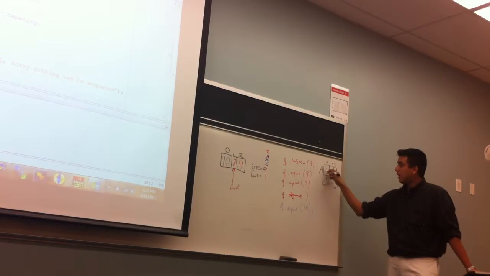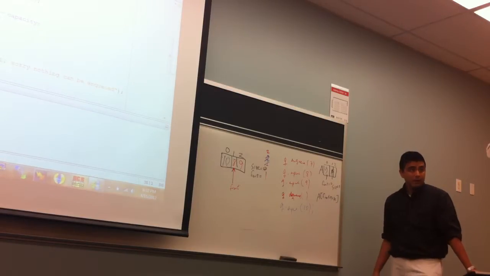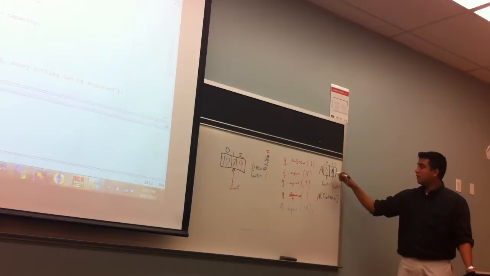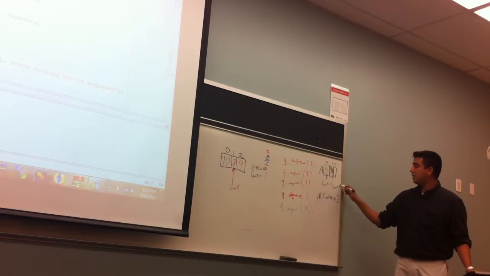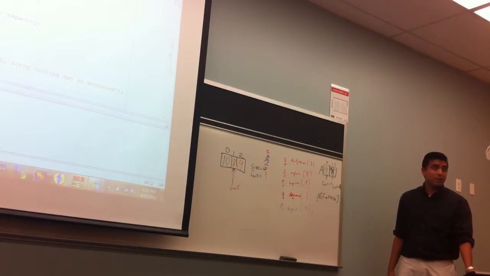If the array is called A, looks like I have to insert the thing at position front plus size. Front plus size is 1, okay, here's where I have to insert the value, right? Correct? And this seems to work because after I insert 10, say I want to insert 11, size is 2 now, right? Front 0 plus 2 is 2, so I have to insert it here, right? Seems to be working.